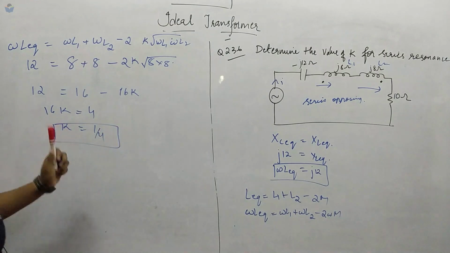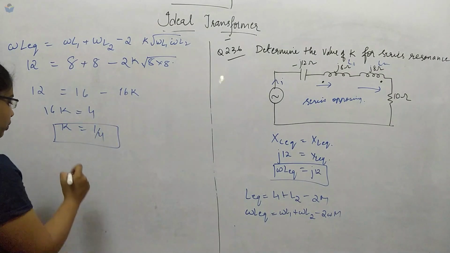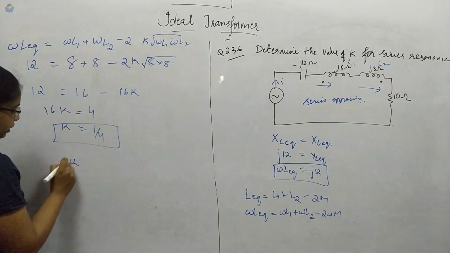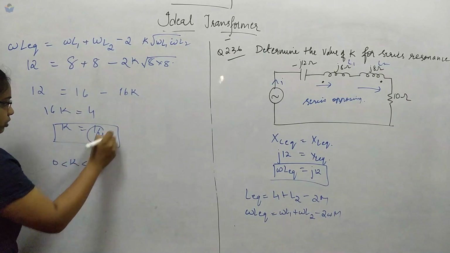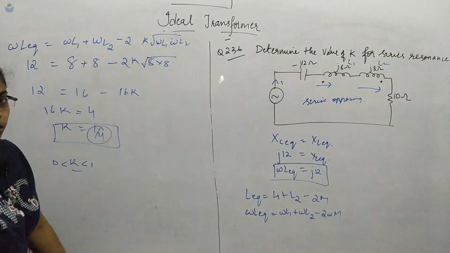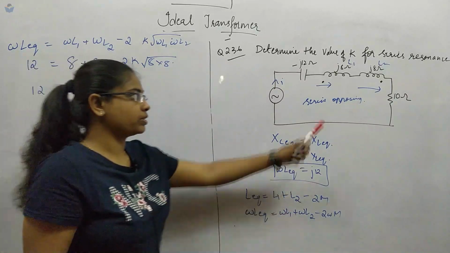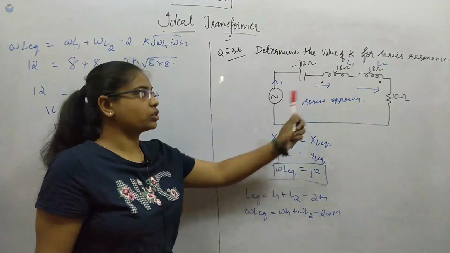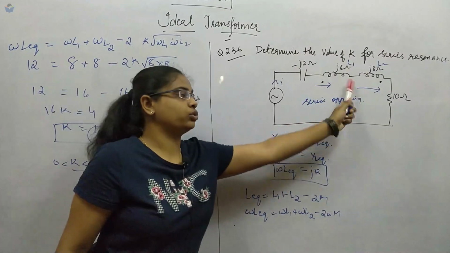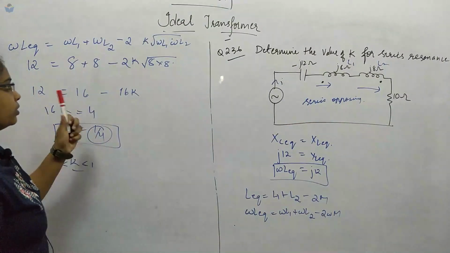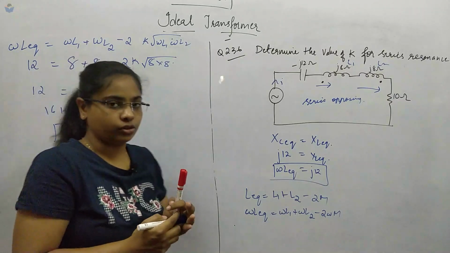This is the value of K, and K lies in the range 0 to 1, so 1 by 4 is in between. This is how we solve this question, using the concepts of series resonance, series opposing, and mutual effect.